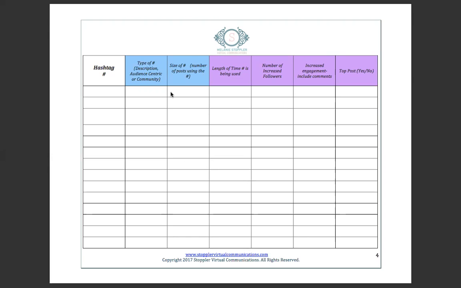It is important to switch out your hashtags so that you are not flagged for shadow banning. So only test the same group of hashtags for so long before you move on, because in addition to not wanting to get flagged or shadow banned, you also don't want to fall stagnant with your hashtags. While you're researching, you're going to pick an amount of time that you want to test the tag.